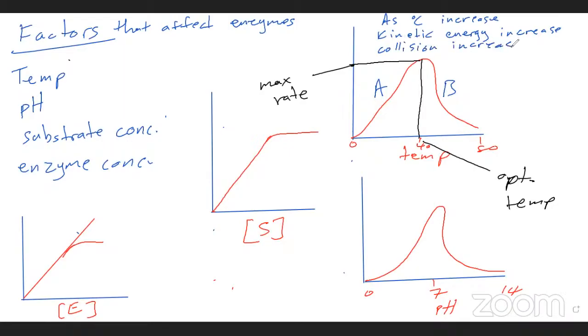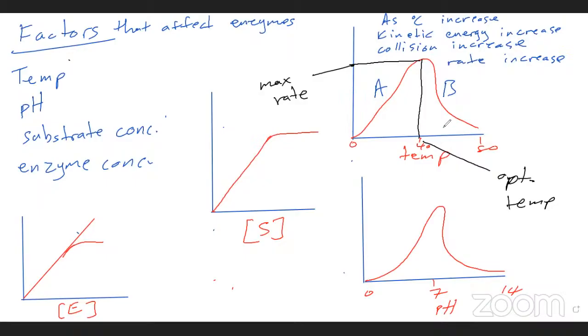And if collisions increase, the rate increases. So for this side of your temperature graph, the rate is increasing because as you increase temperature, kinetic energy increases, molecules are moving faster, and more collisions are occurring. That is why the rate increases.